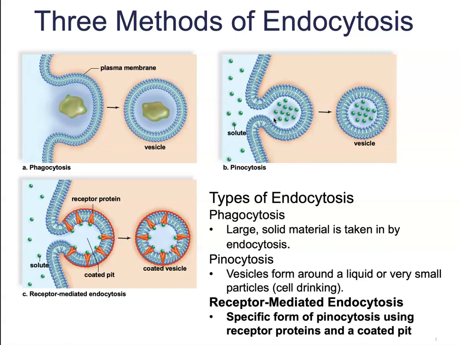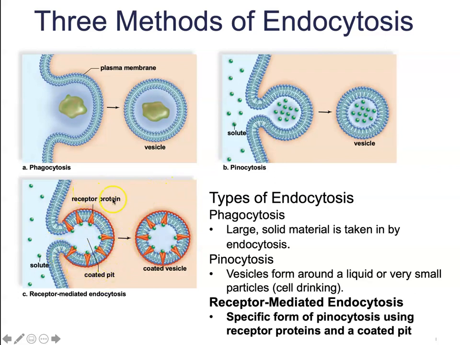This is a special form of pinocytosis that requires receptor proteins to recognize materials to be brought into the cell. In this case, molecules such as vitamins, peptide hormones, and lipoproteins can bind to specific receptors. These are going to be found in special locations on the plasma membrane called a coated pit. And the reason we call it a coated pit is because of the layer of proteins on the cytoplasmic side of the vesicle.